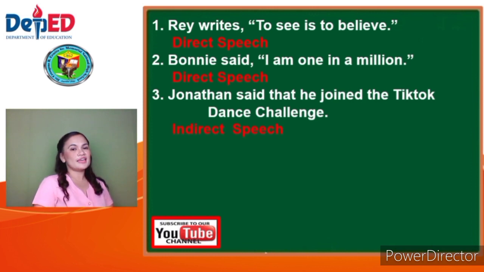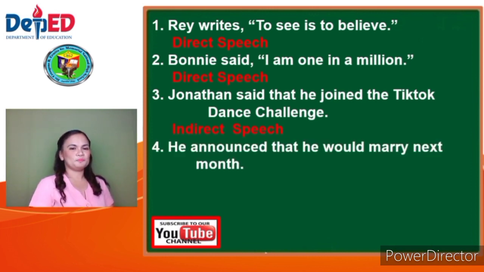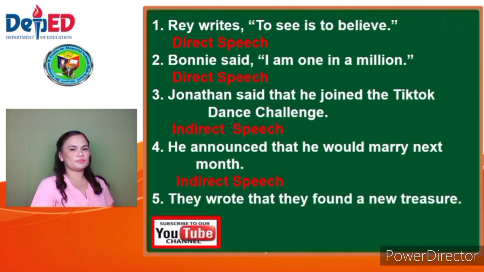Alright, that is indirect speech. He announced that he would marry next month. Very good, that is indirect speech. They wrote that they found a new treasure. That is correct, indirect speech.